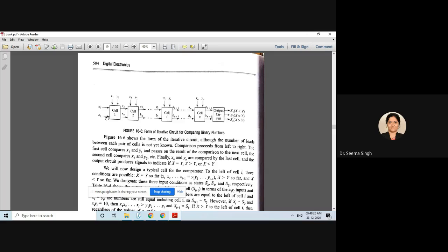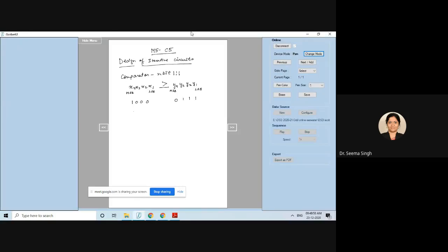A1 and B1, A and B, are used to represent the state, and X and Y are used to represent the binary numbers which we are comparing. So if x1, of course it starts with 0, 0 only, and when x1 and y1, that is your MSB, are both equal, then your A2 and B2 again will be 0 and 0. So what happens? It is comparing bit by bit.